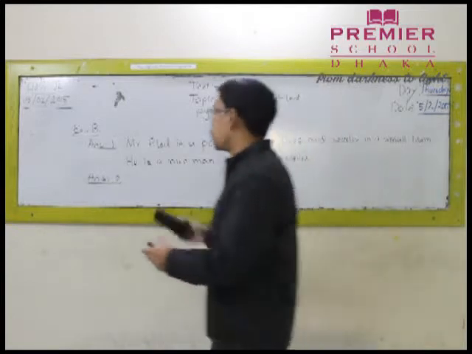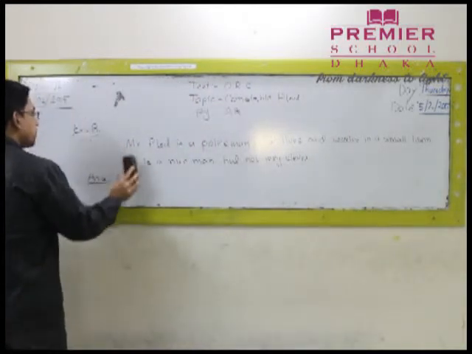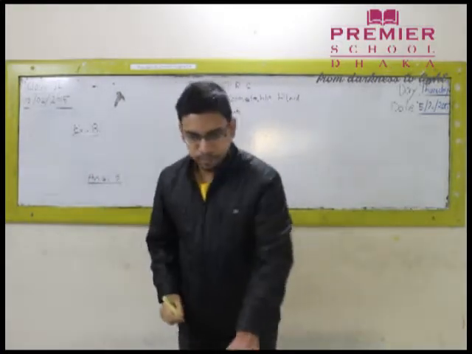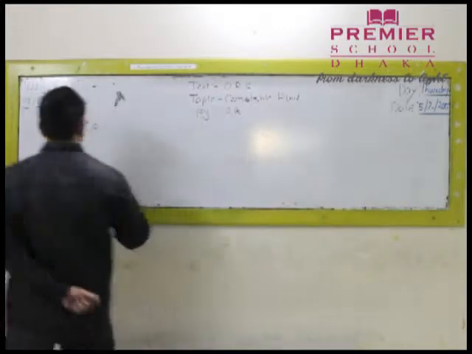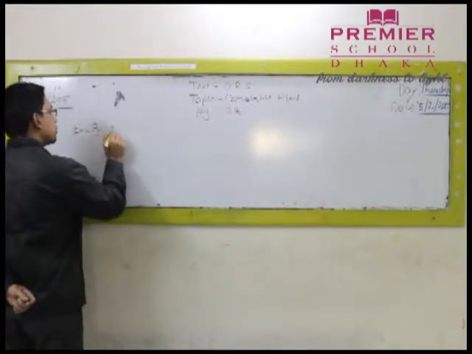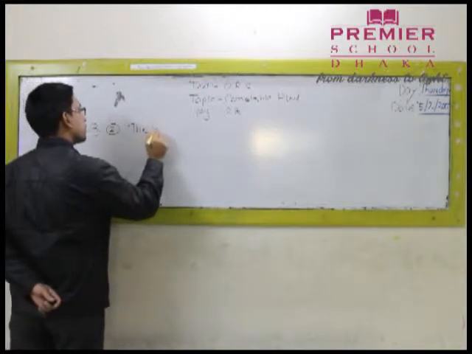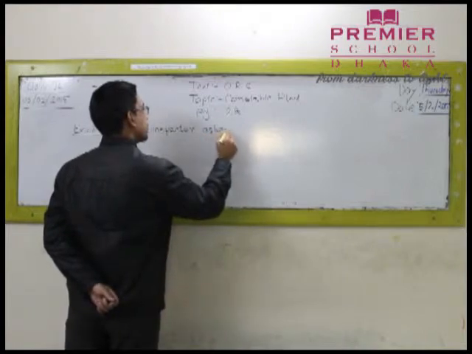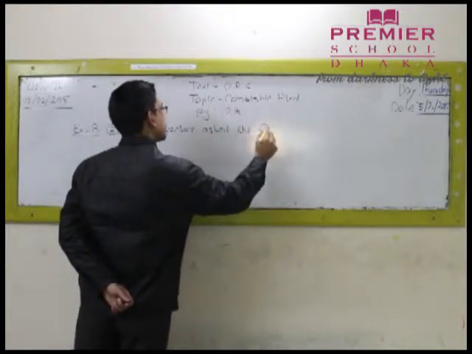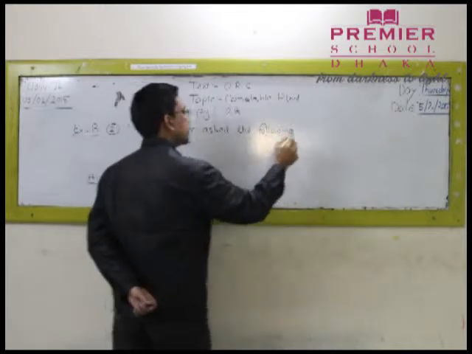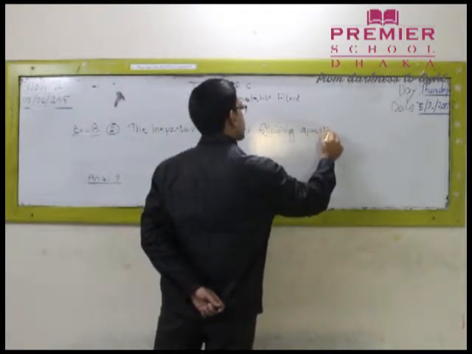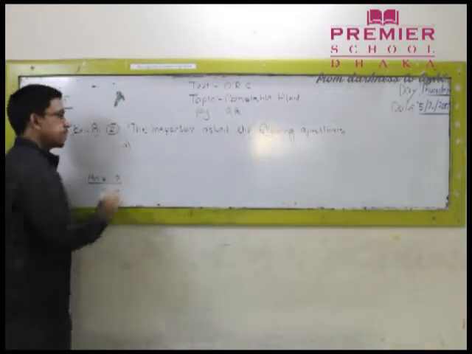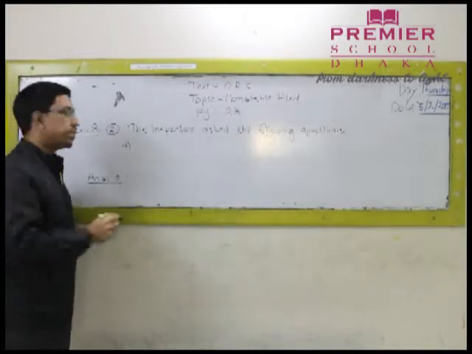You are going to need the entire board, so I hope you have copied the first one. So 2 starts from here. The inspector asked the following questions. You may put those questions in inverted commas because the questions were in speech.